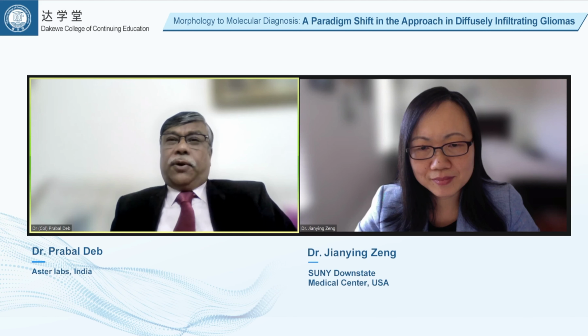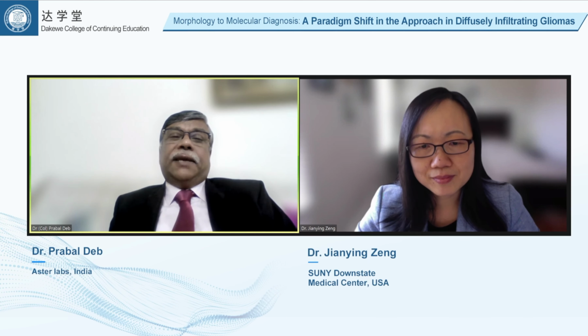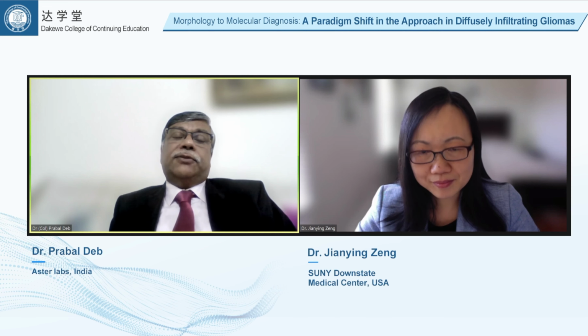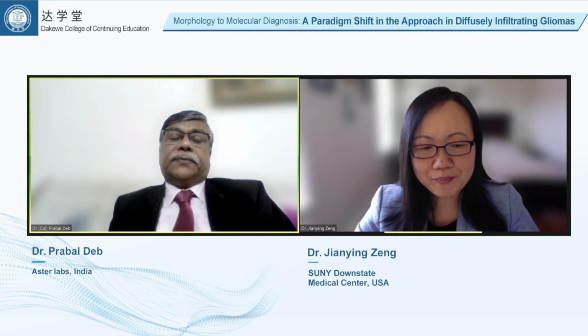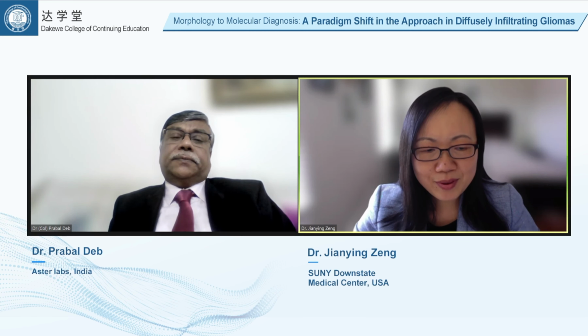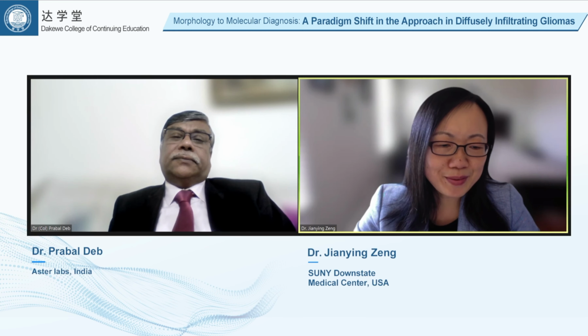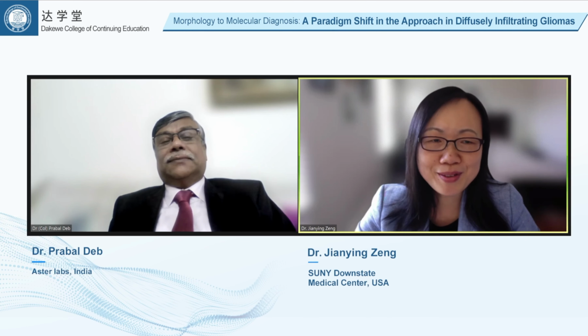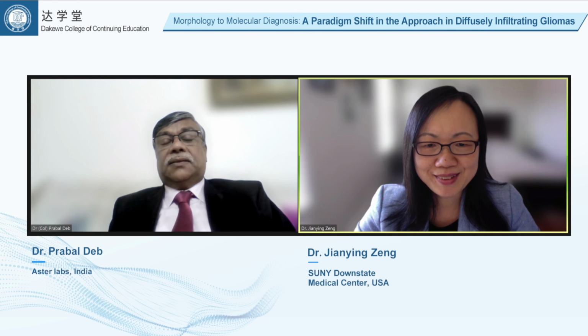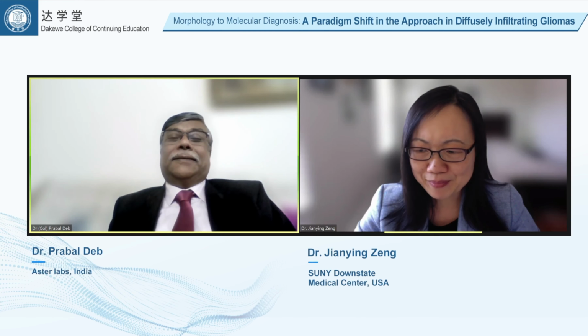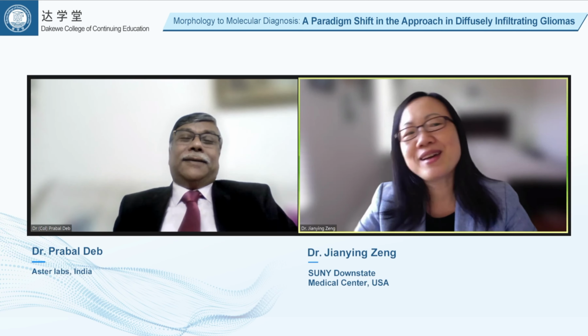So we were thinking, morphologically it is a GBM, but there's something else happening in the background. Why are we not able to square it off? That's how we got meaningful guidance from our new differential classifications of brain tumors. Exactly.